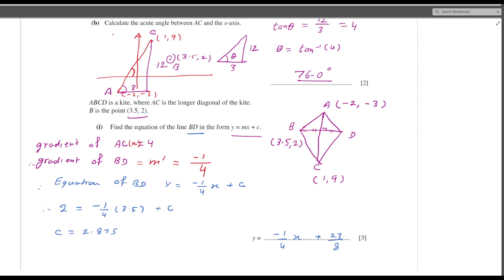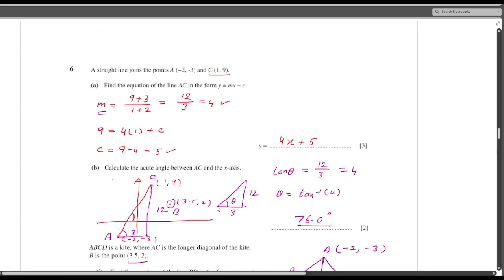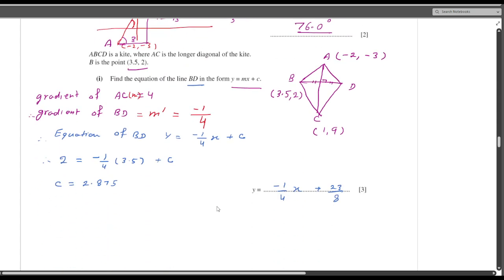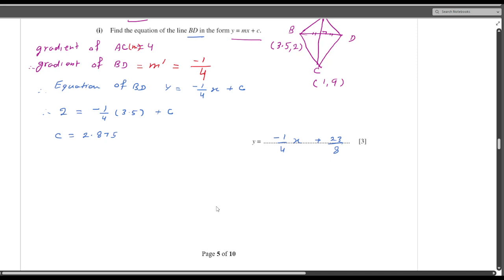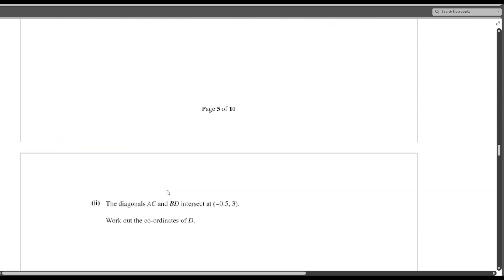Okay, I thought it would be a difficult problem, but it's not that difficult, because for BD I easily find its gradient and point B is already there.